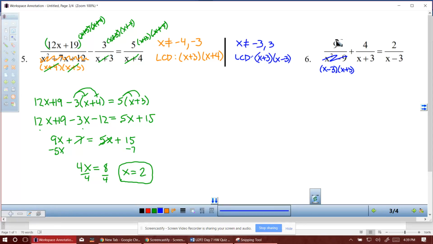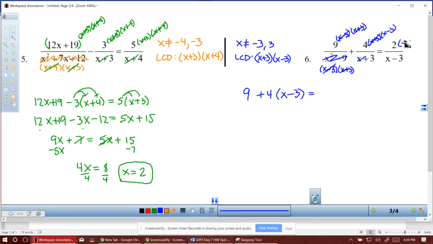So as I do the 9 times x minus 3, x plus 3, they both cancel. And all I have is a 9. And then I do x plus 3, x minus 3. And here the x plus 3's cancel. So I have 4 times x minus 3.